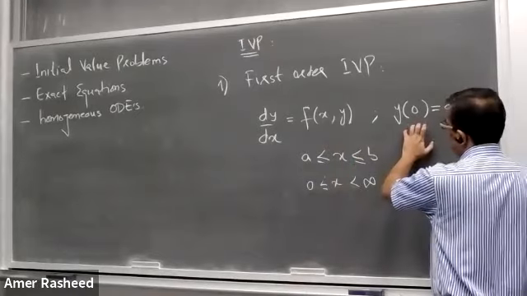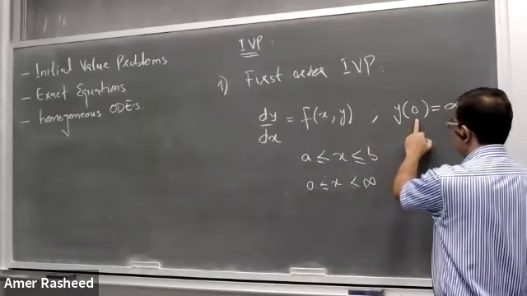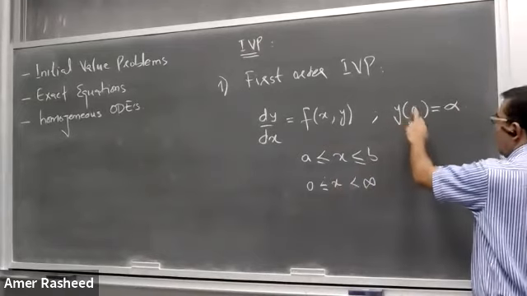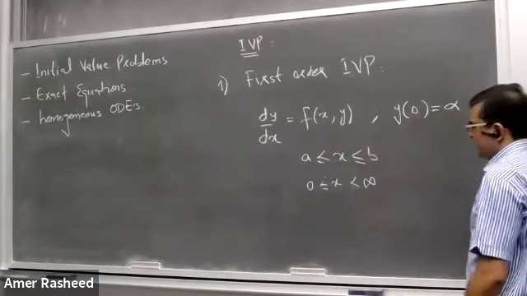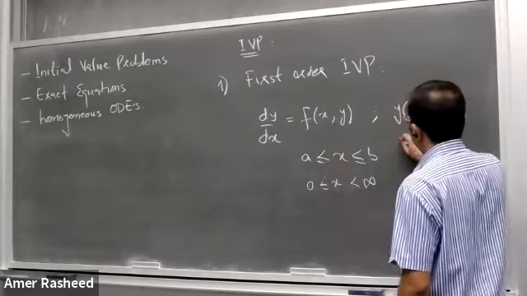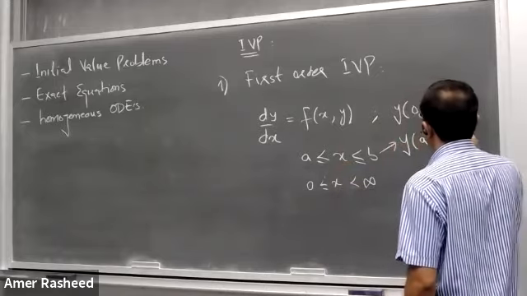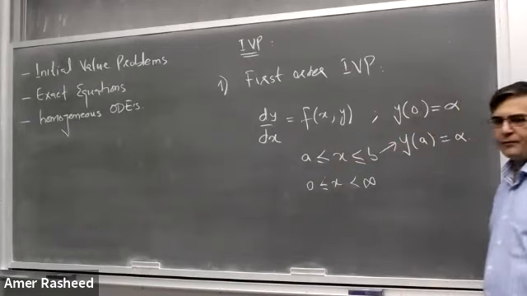So we define a condition at the initial value of this independent variable. y at 0 is equal to some constant, or in this case, y at a is equal to some constant alpha.